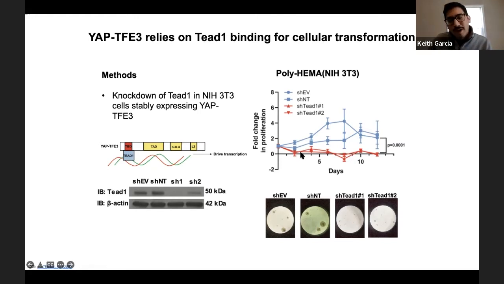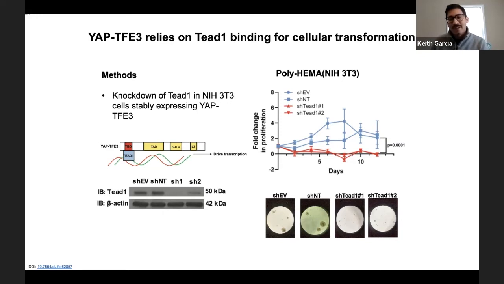So as you can see here on the right, when you knock down and disrupt the TEADs in these cells, it significantly abrogates YAP-TFE3's ability to drive anchorage-independent growth. And so like TAZ-CAMTA1, which has previously been shown to rely on TEAD transcription factors, YAP-TFE3 relies on TEAD1, and these fusions simply rely on these transcription factors to mediate their oncogenic function.